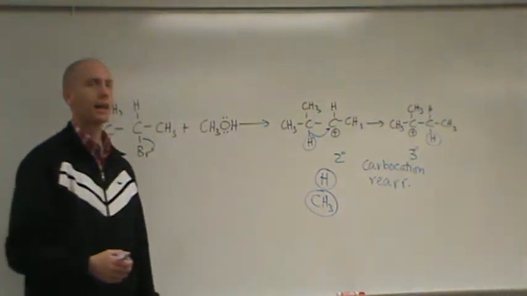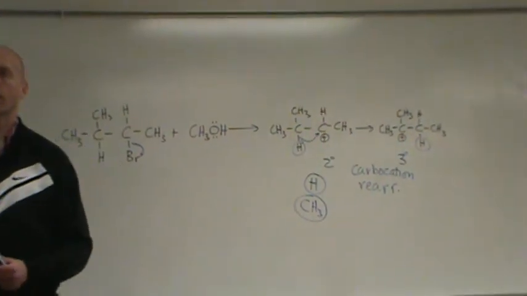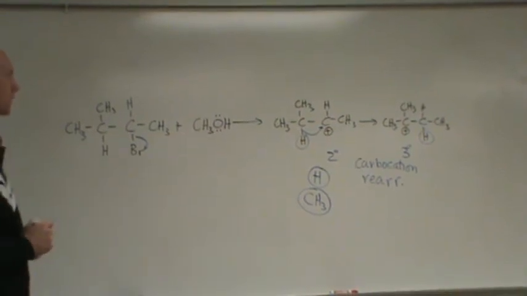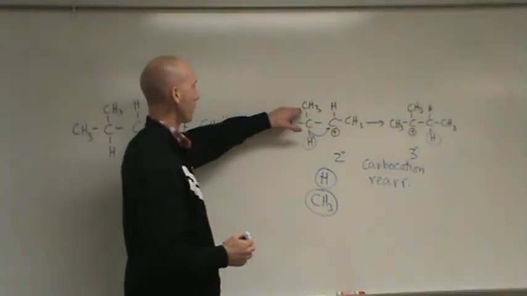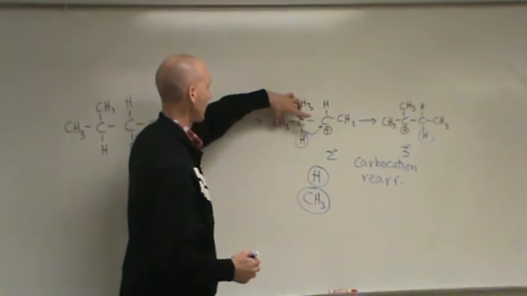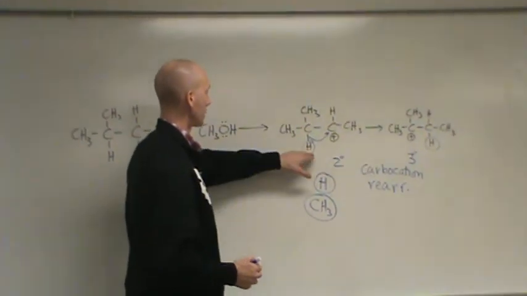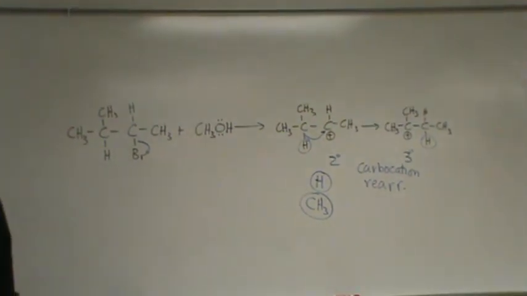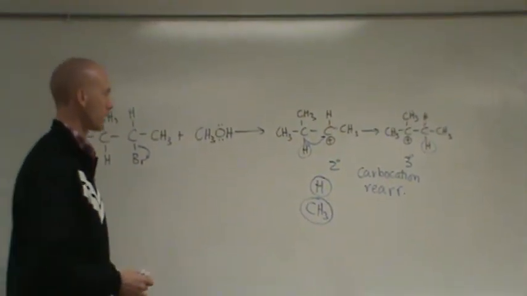So you can get a hydrogen shift or a methyl shift in this carbocation rearrangement. Obviously it would not want to trade a methyl here, because then that would make it secondary. So it trades the hydrogen. Okay, we'll see a case of CH3 later on.